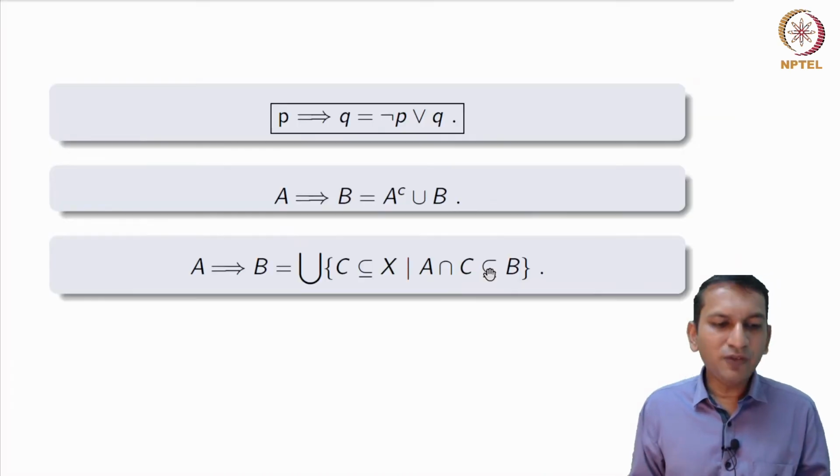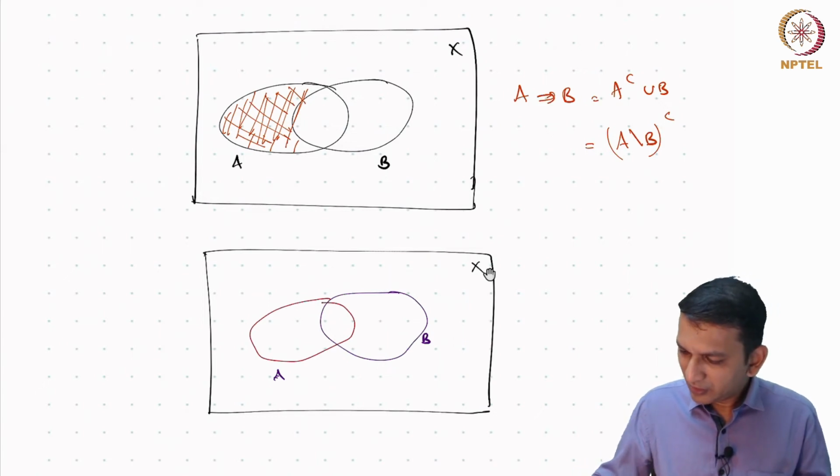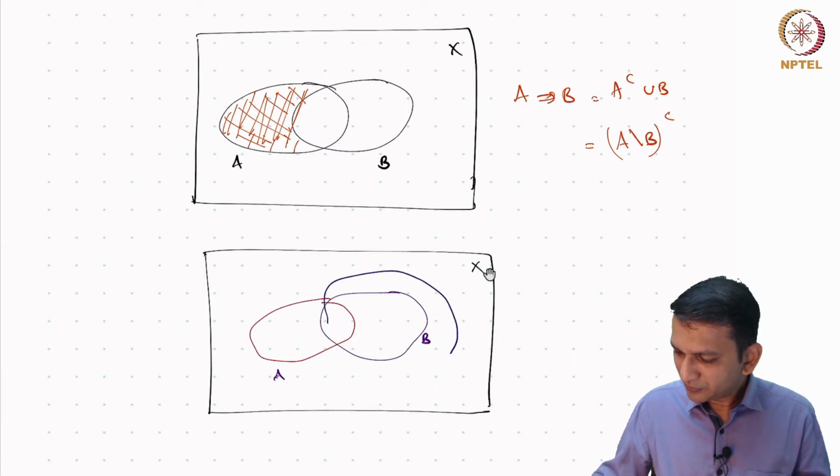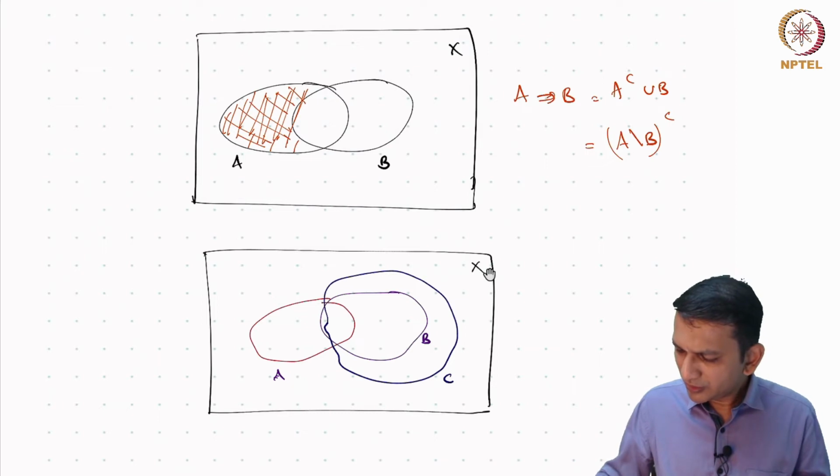Now the question is, how do we find the largest such set C? Well, consider this one. We said that this C will belong here. What about this C?